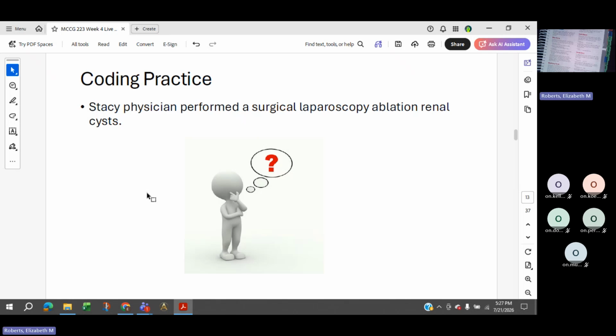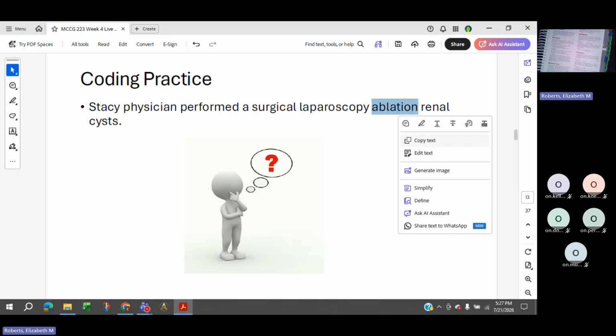Yes, this procedure is laparoscopic, so whatever we do, we definitely want to account for the fact that it's a laparoscopic approach. But when we're in there with that laparoscope, what are we doing?